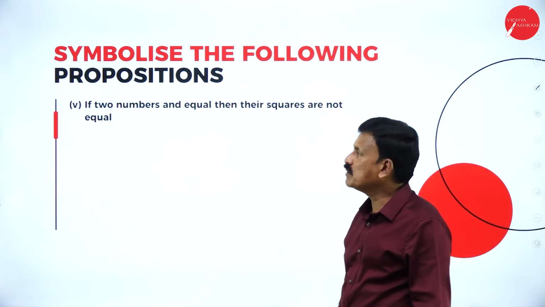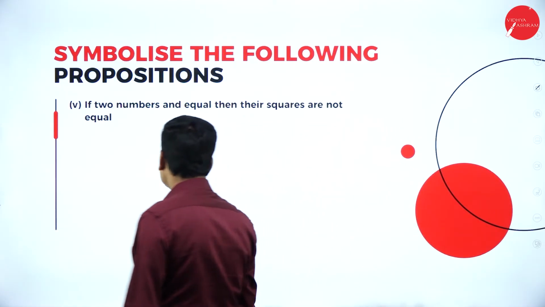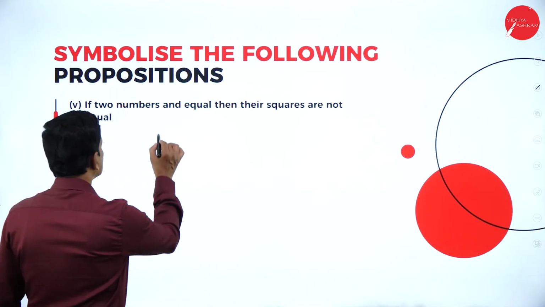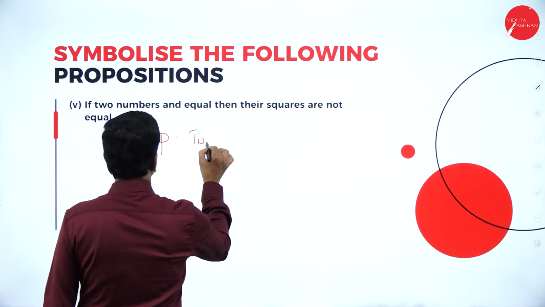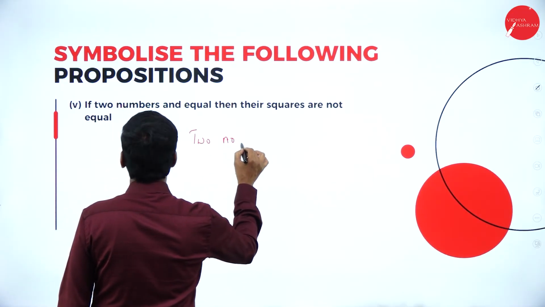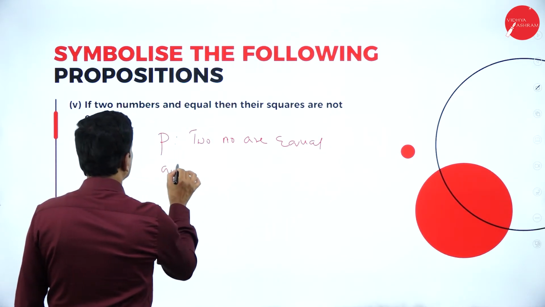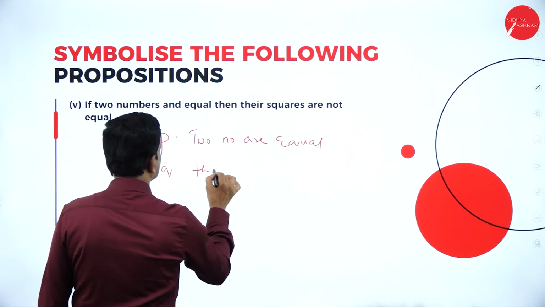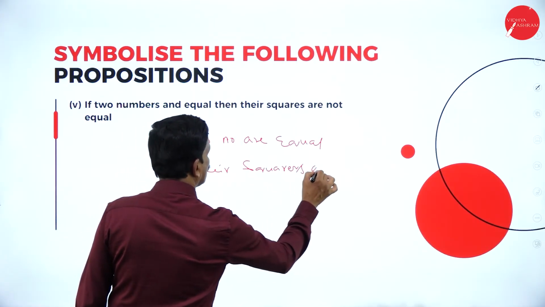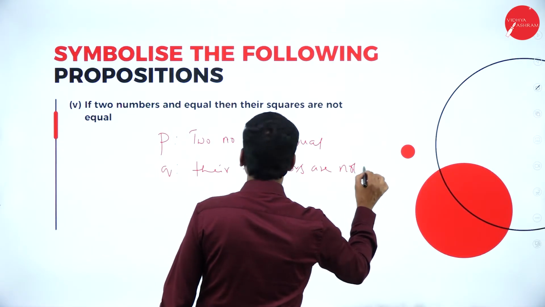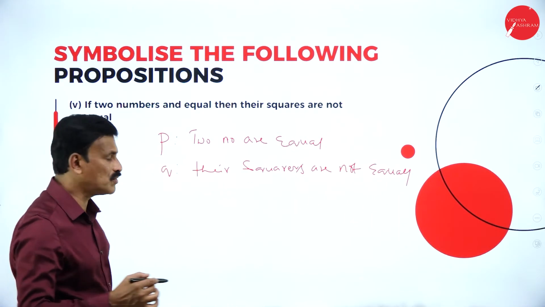Now move on to the next problem. If two numbers are equal, then their squares are not equal. For P, two numbers are equal, and Q, then their squares are not equal.